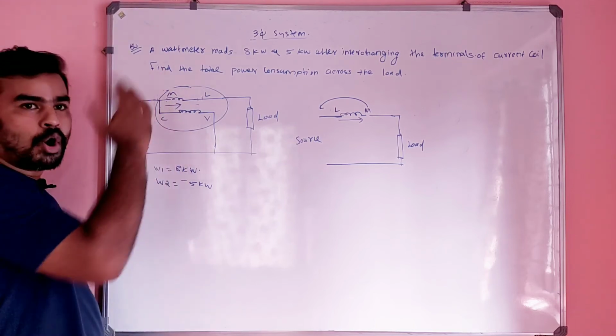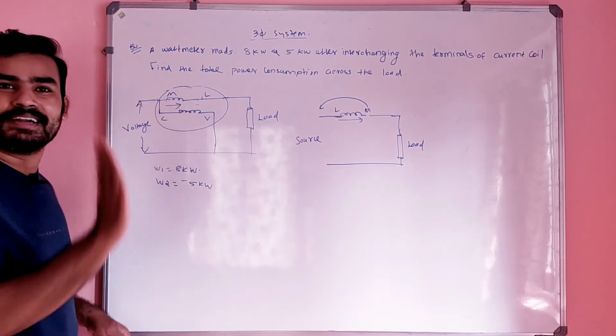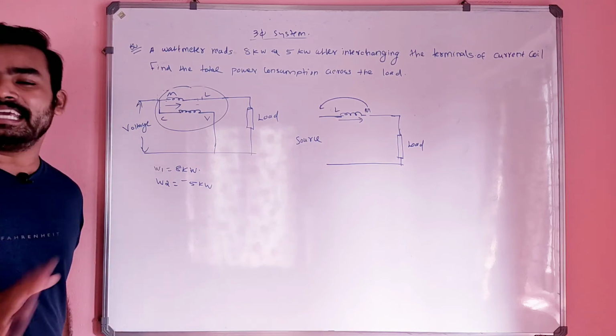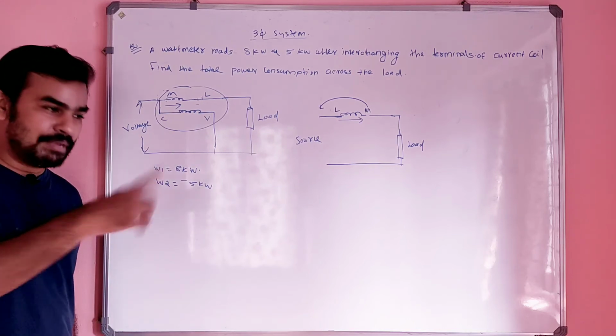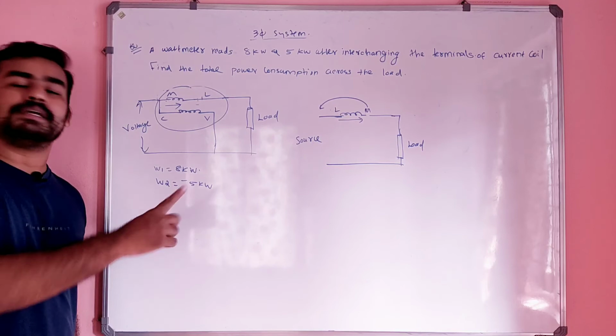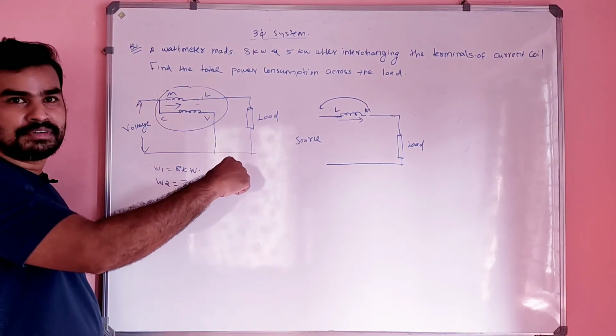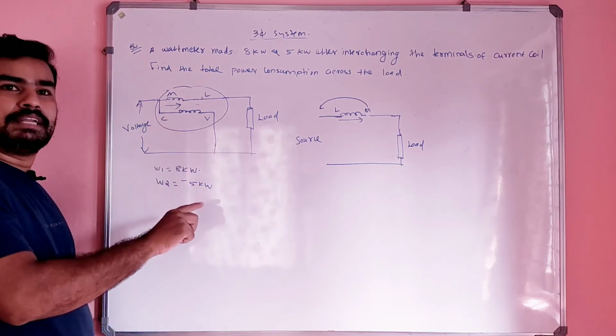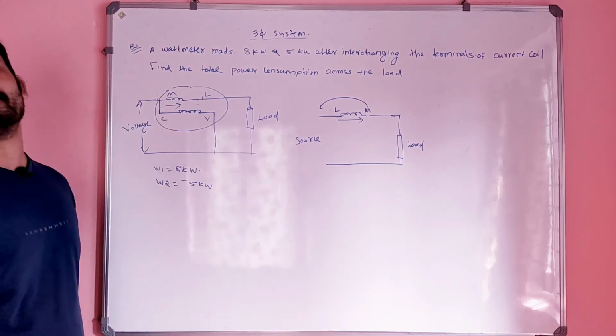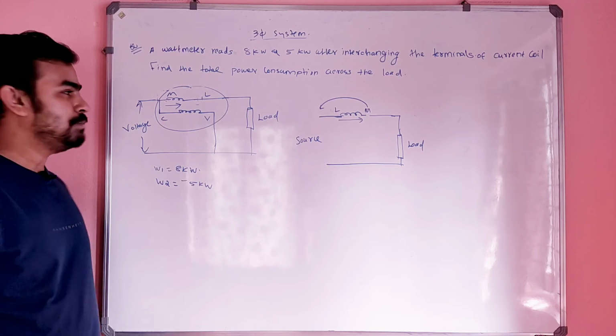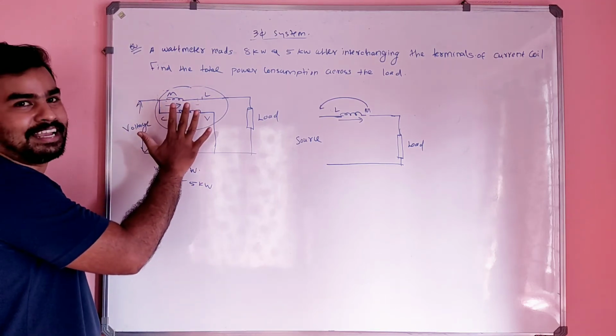But if you interchange both, it will be similar to the previous case, with no negative reading. It will always be positive, because once you interchange the current coil it becomes negative, and when you interchange the pressure coil again, negative to negative becomes positive. That means the first case happens again.